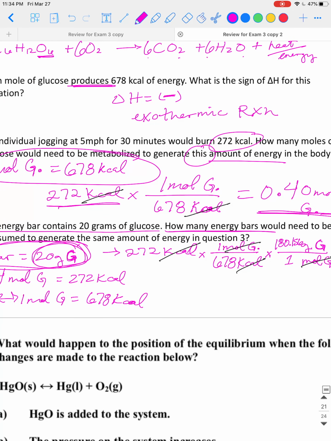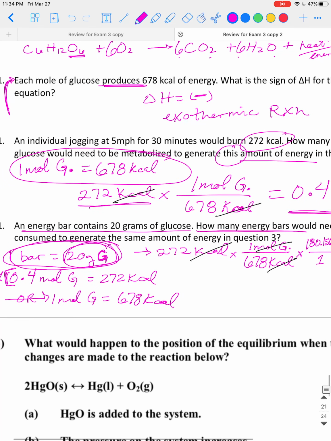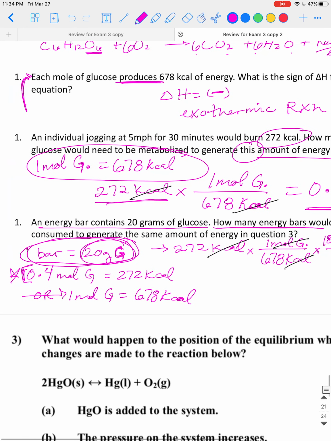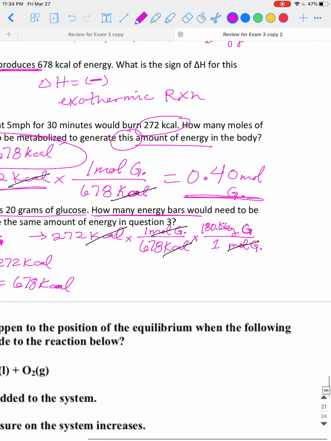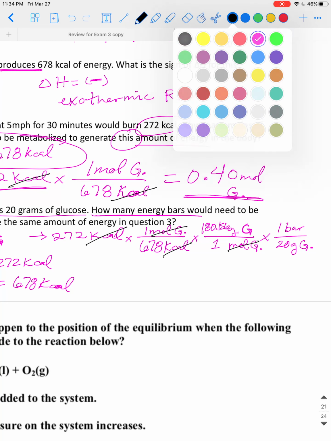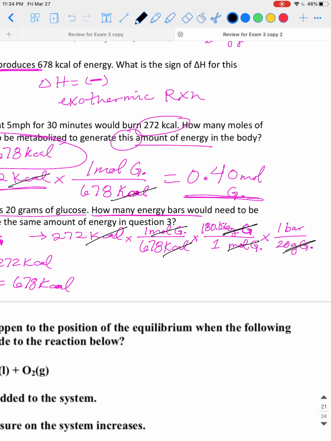Lastly, the problem says how many energy bars would need to be consumed to generate the same amount of energy. So we're going to use this relationship where we wrote 1 bar for 20 grams, written so that grams cancel. For every 20 grams of glucose, we need to consume 1 energy bar. Grams cancel out, and we will be left with energy bars as our units.